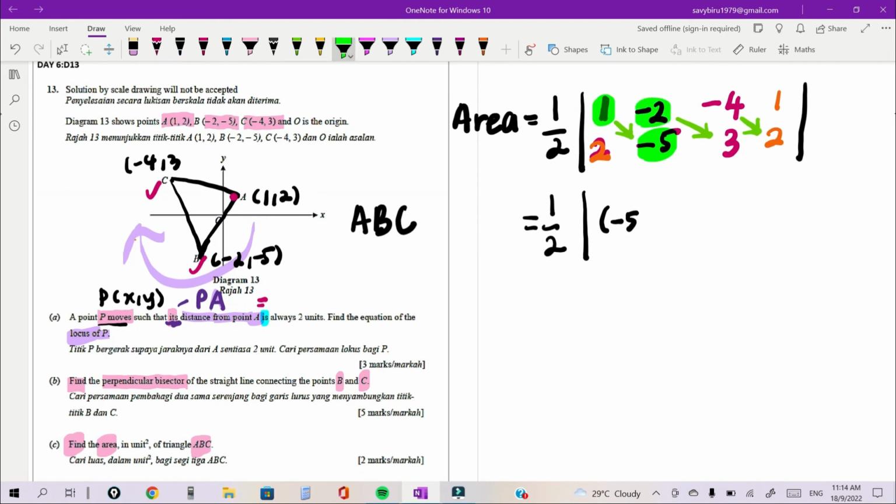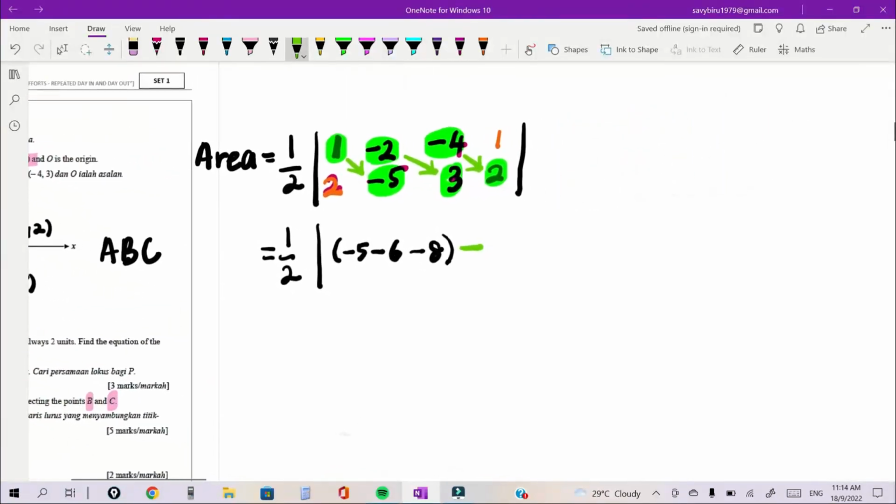Next, -2 times 3, -6, plus -3 means -6. Next, plus -4 times 2 become -8. Plus minus is -8, and then close bracket. And then the formula is minus, so use the minus operation.